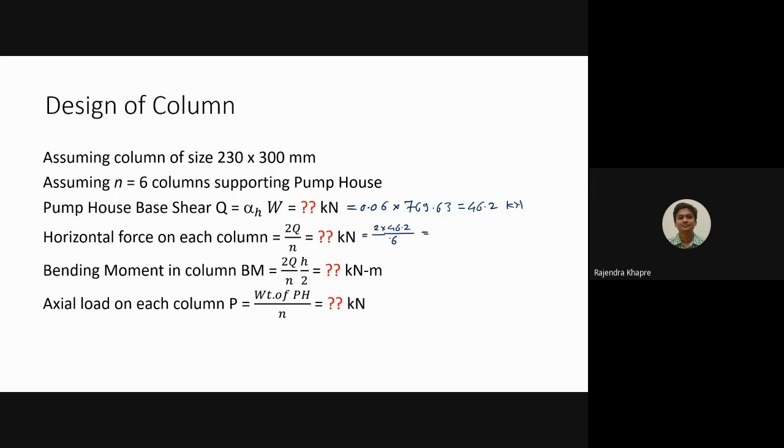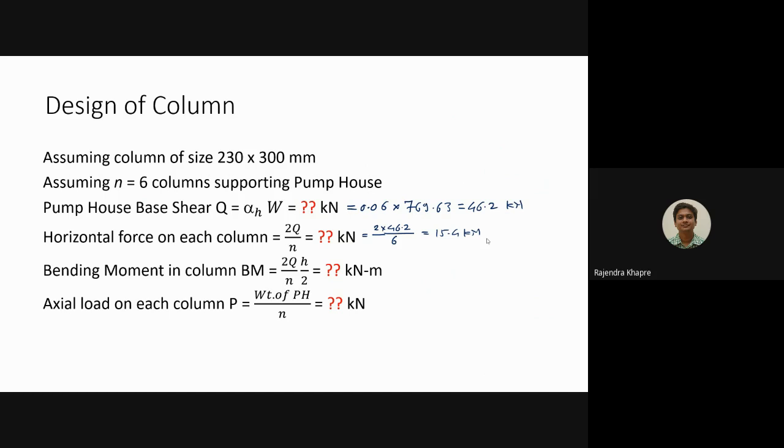Someone please do the calculations. 15.4. So this is the horizontal force which will be acting on each column.